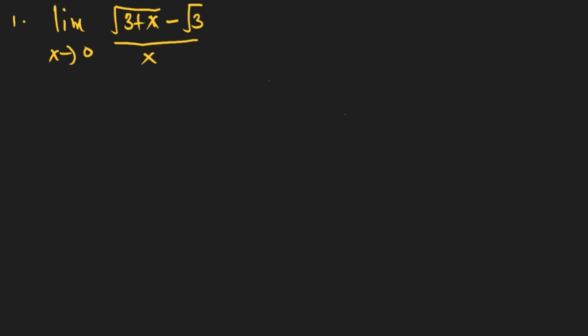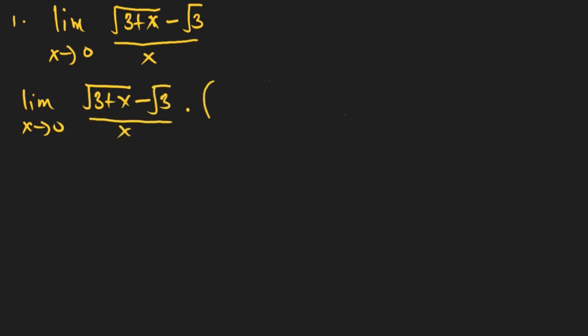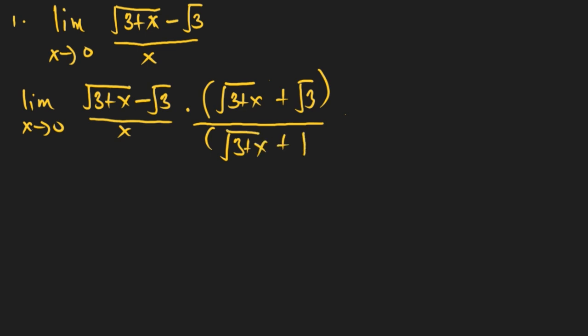So we are going to get the limit as x approaches 0 of root 3 plus x minus root 3 over x, and then this is multiplying the conjugate of this, so root 3 plus x plus root 3, all over the same thing, root 3 plus x plus root 3.